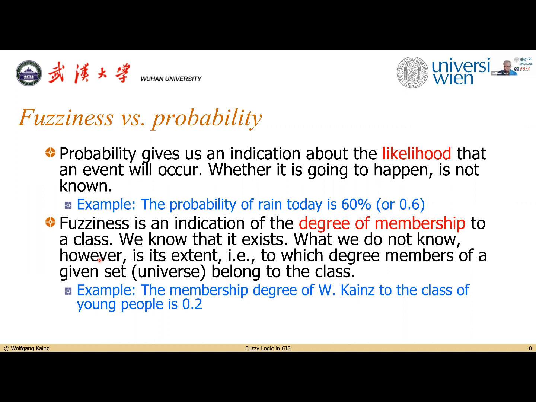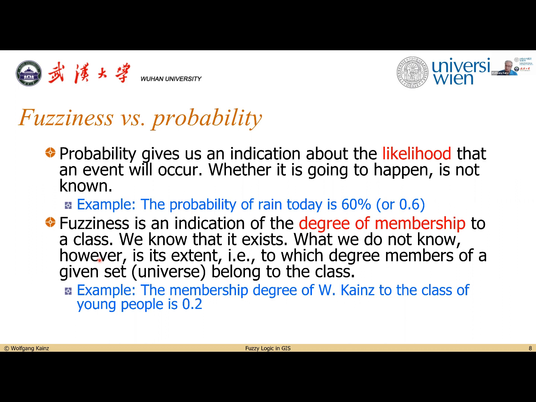So this is the major difference between probability and fuzziness, because people might ask, well, isn't fuzziness something like probability? Because we also indicate it with values between 0 and 1. Yes, we do that, but there is a fundamental difference: in probability theory, we talk about the likelihood that something is going to happen.